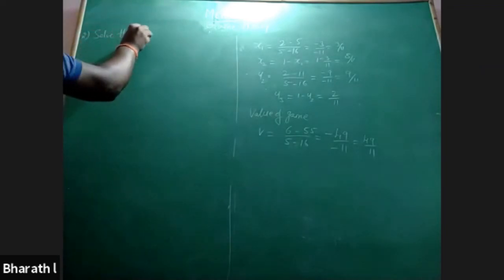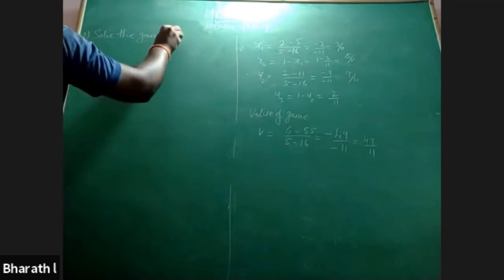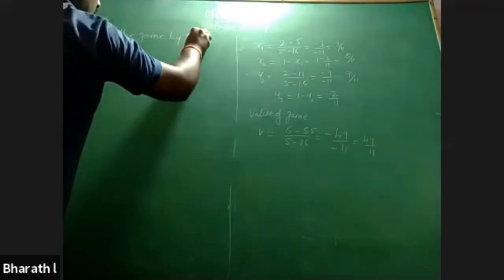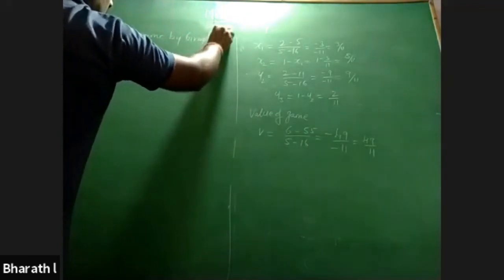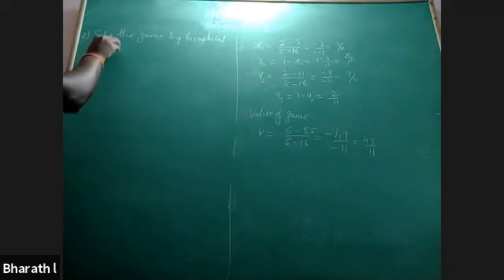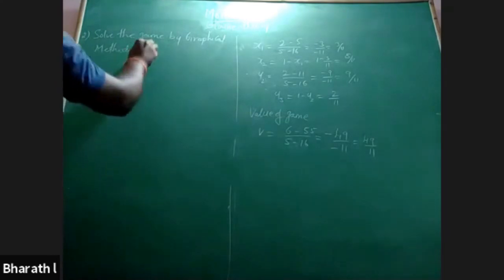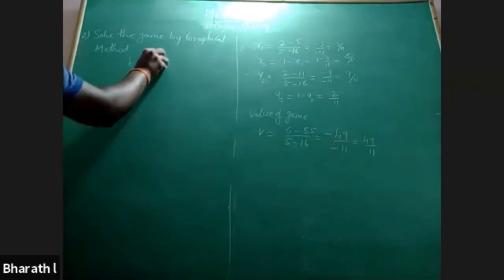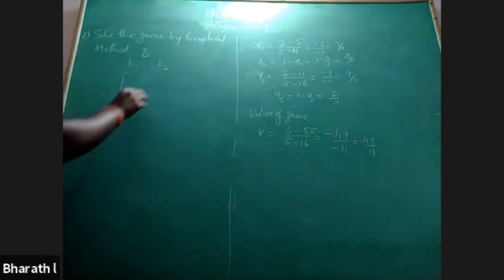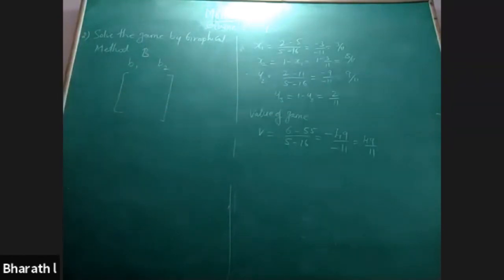Solve the game by graphical method. I will copy down the problem. Player B has two strategies, B1, B2, and player A has four strategies, say A1, A2, A3, and A4.